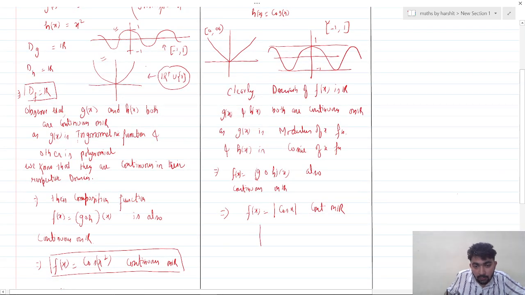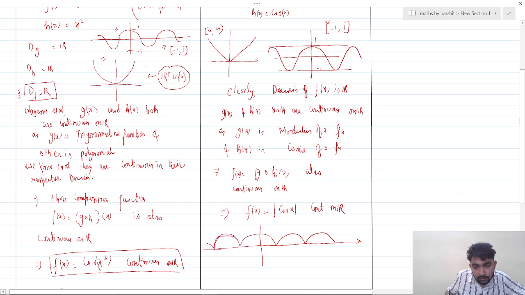And the graph also we can observe for this one. The graph will be this one, then this one, then this one. Like that we can draw the graph. Okay, see, there is no breakage. We can draw the graph of mod of cos x without lifting our pen. Okay, see how we can draw.